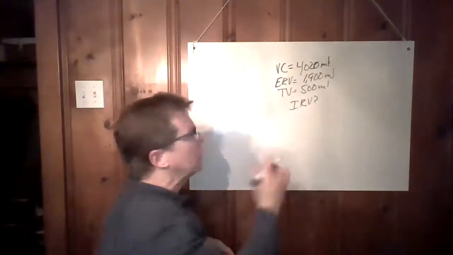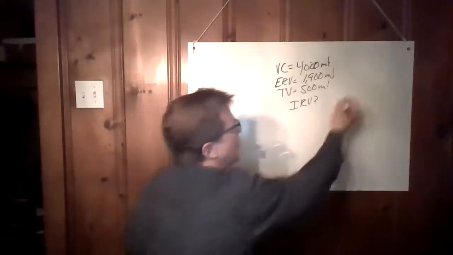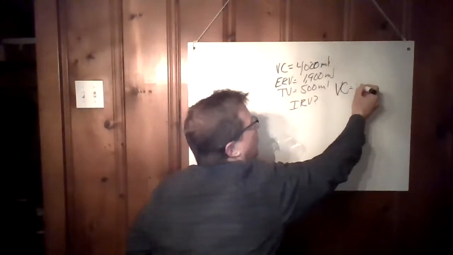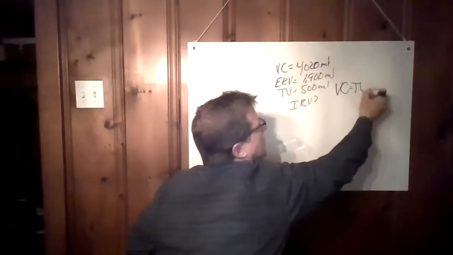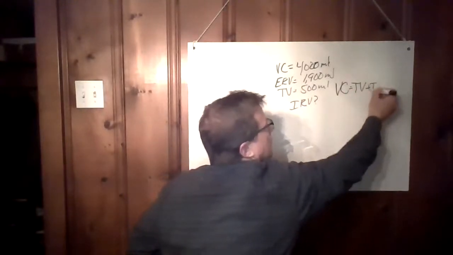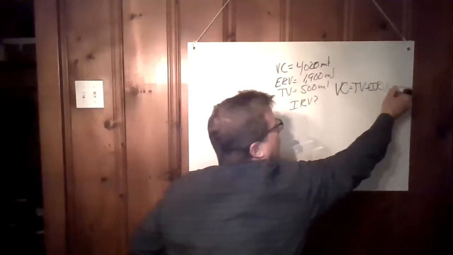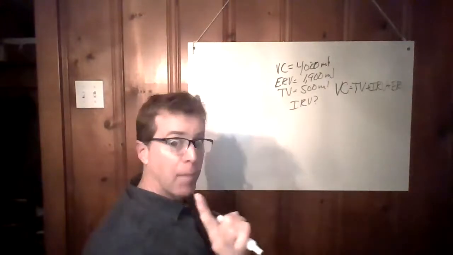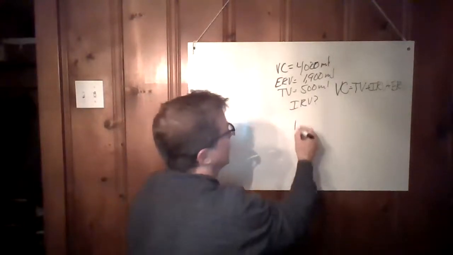This is how you compute that. You know this equation: VC equals TV plus IRV plus ERV. That's step one. Memorize this equation.